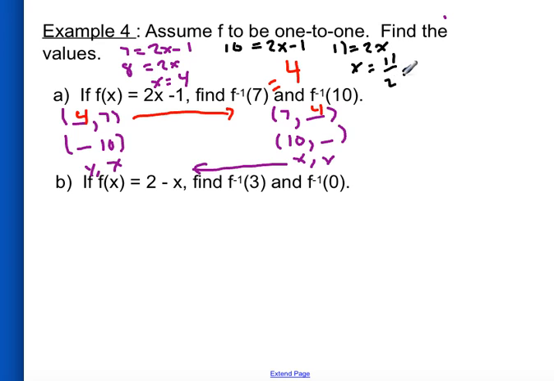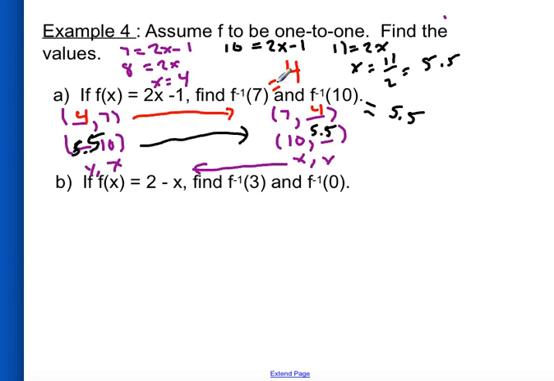Or, if I want a decimal, 5.5. So coming over here, I can write in 5.5. So that means over here, this is 10, 5.5. So what is the inverse of f at 10 there? It'd be 5.5.